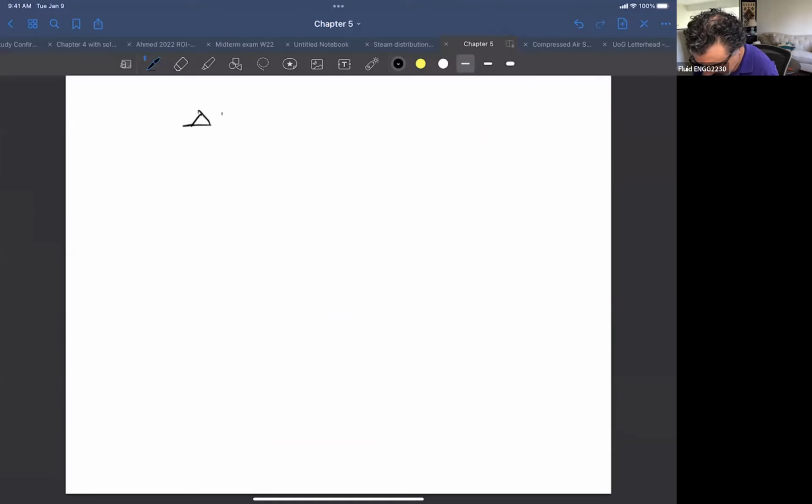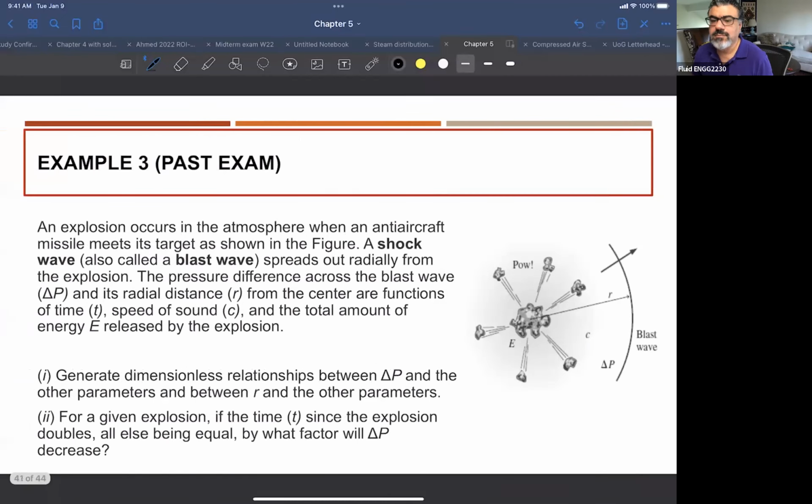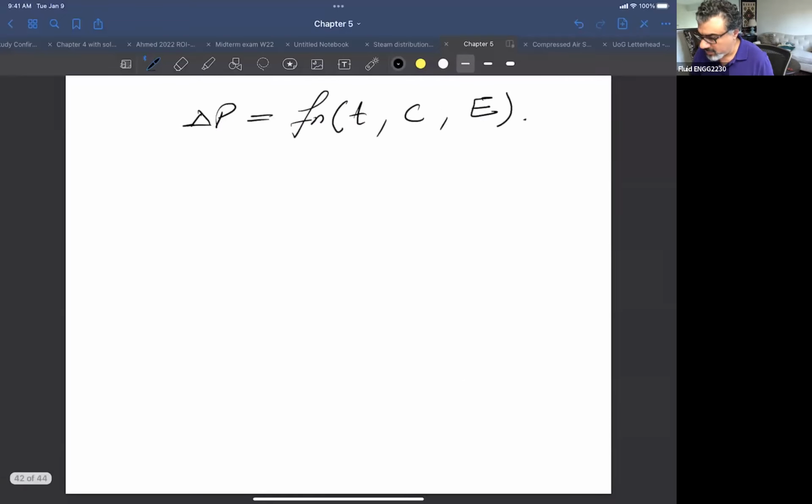Delta P, the main parameter, equals a function of the time, speed of sound, and the energy. Anything else? Oh, the radius, sorry.